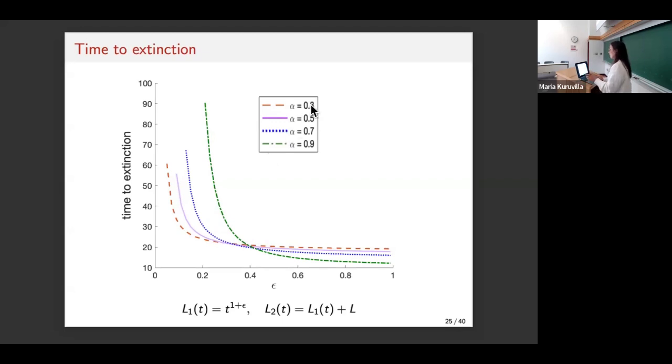Where we have high alphas, low alphas having a lower time to extinction in some parameter range over here for epsilon, meaning a lower bias for lower epsilons, we see a sooner time to extinction. And the switch is in this range over here for epsilon, where in fact, now the high bias is more detrimental to the population.